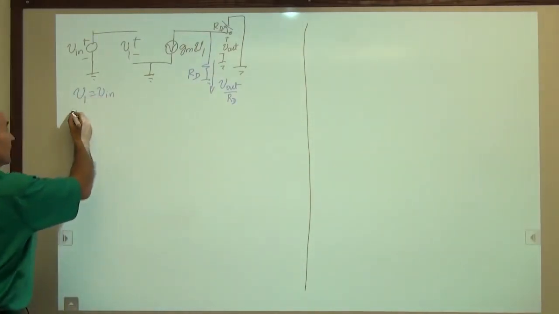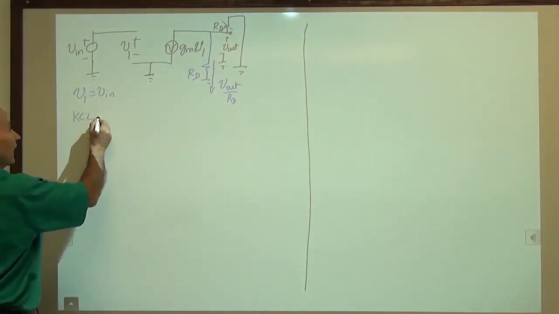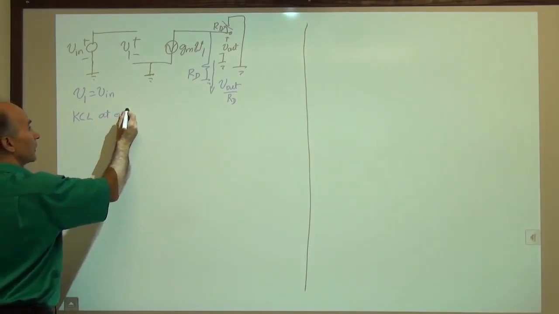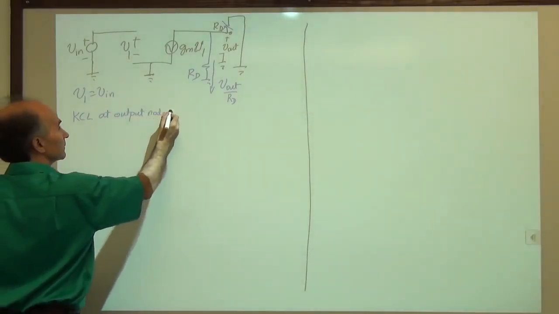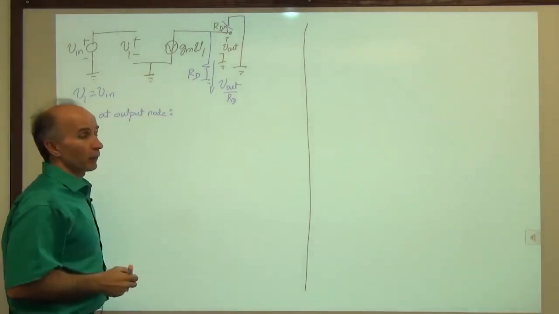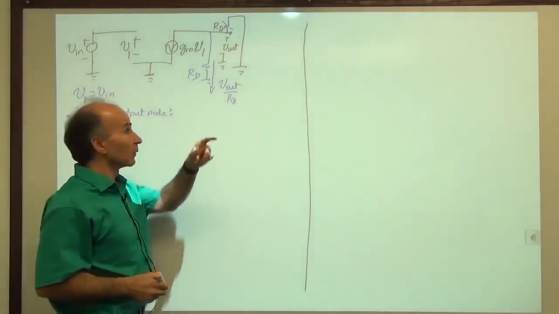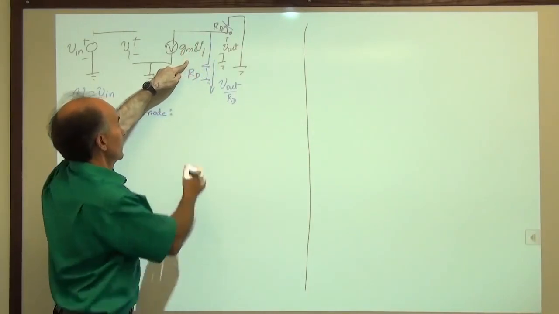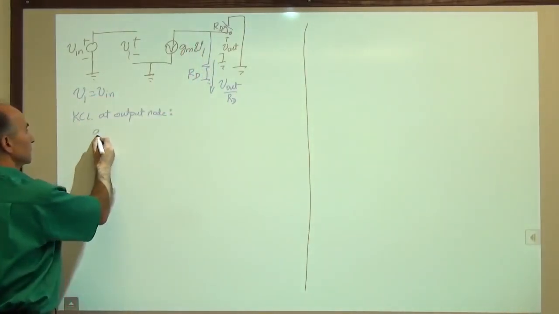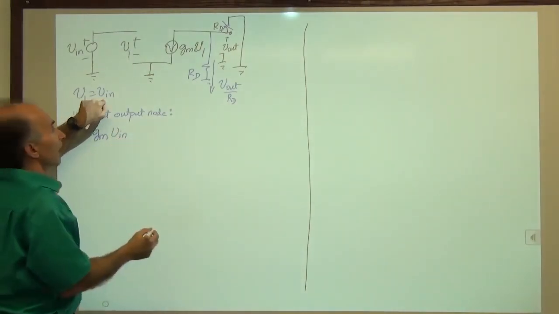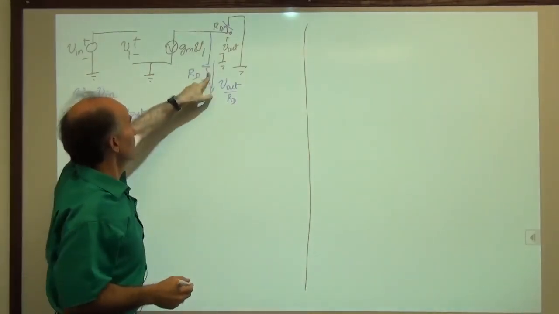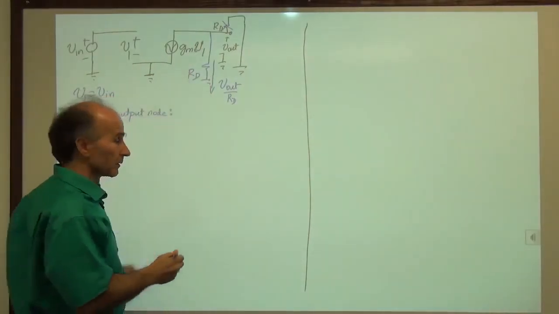And now I can write a KCL at this node. So let's write a KCL at the output node. We have only two currents flowing from the output node. One is this guy, GM V1, which is the same as GM V in, and then another one flowing this way. And these two have to add up to 0.